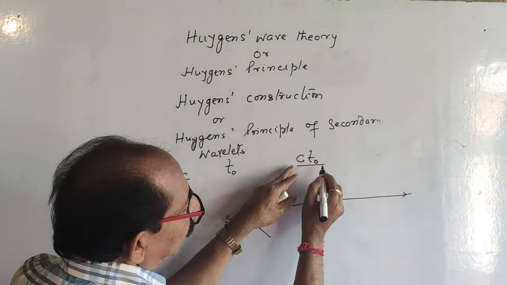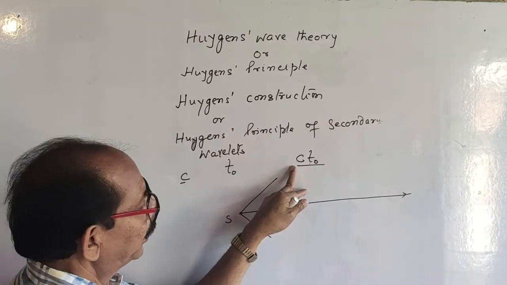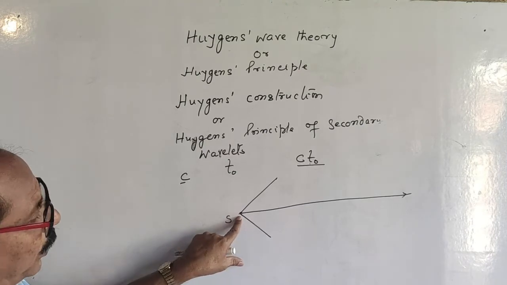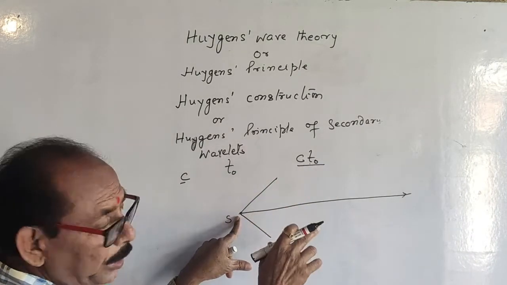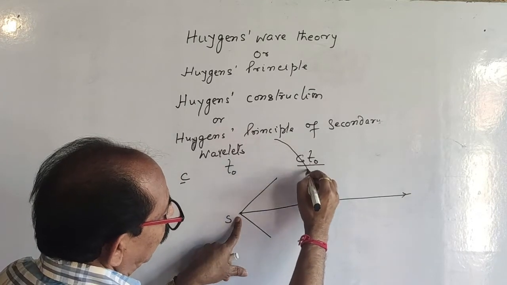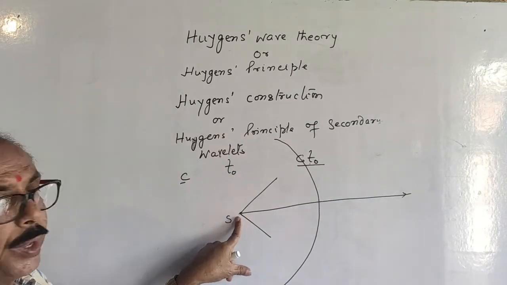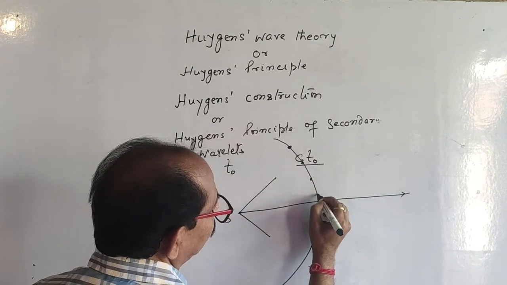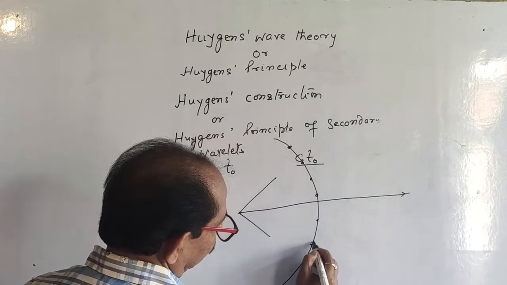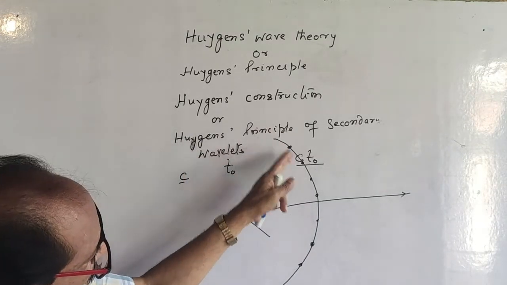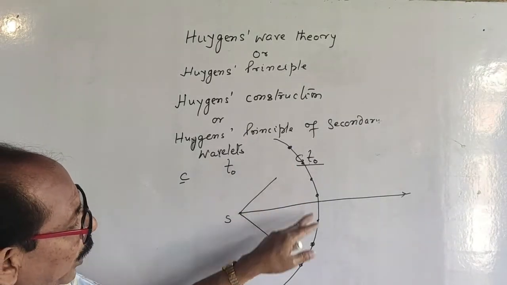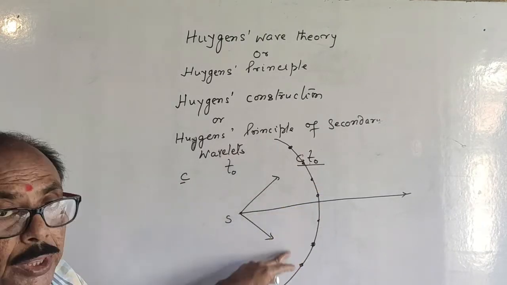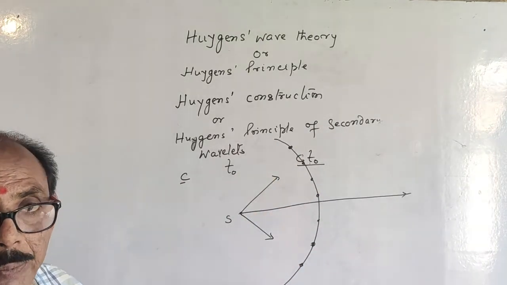We take the source as center and c t naught as the radius and draw a sphere. All points on this sphere act as secondary sources, that is, fresh sources of disturbances.